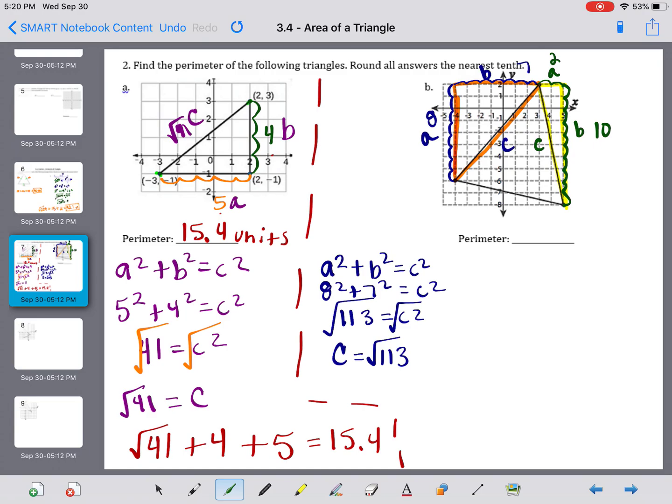So plug it in the Pythagorean theorem. A squared plus B squared equals C squared. And 2 squared plus 10 squared is 104. Square root both sides. And we're just going to leave it as radical 104.